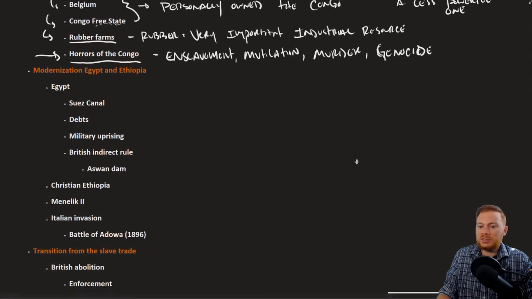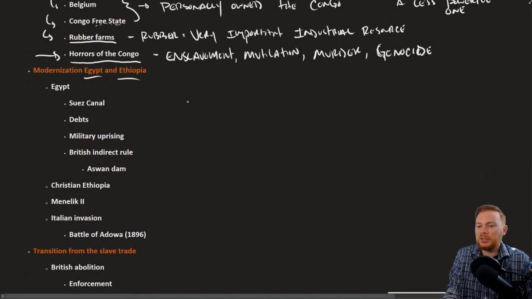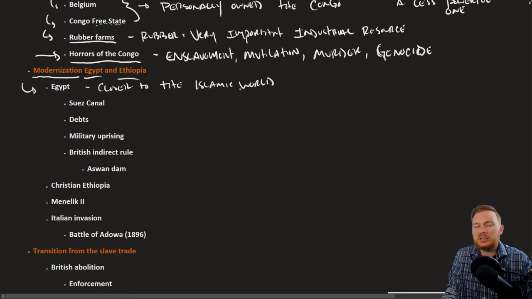In other areas like Egypt and Ethiopia, there were efforts at modernization, at least in the case of Egypt, right? Egypt is part of Africa, but in a lot of ways is maybe a little bit closer to the Islamic world. Certainly in a sense that it sort of shares that same culture.